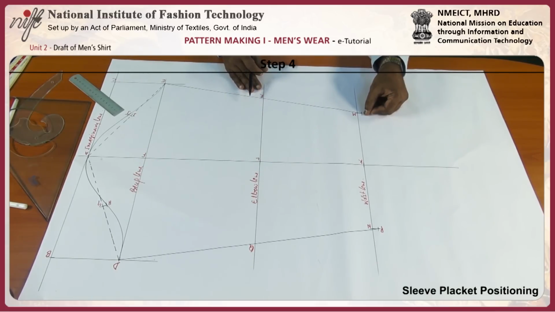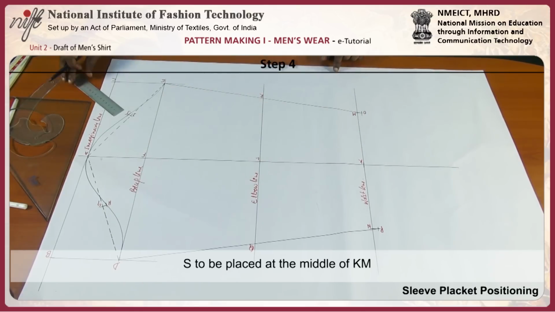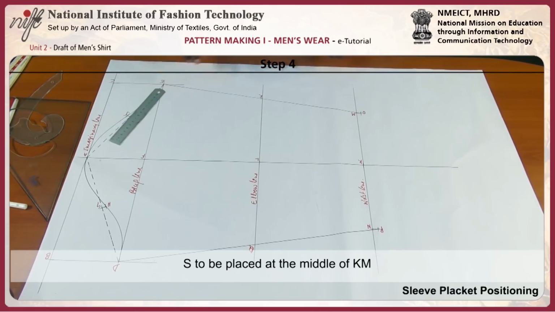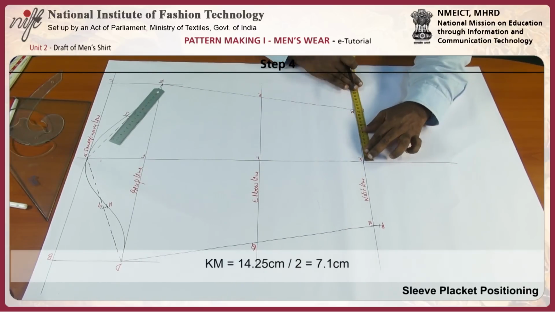First, let us place the sleeve placket positioning. Point S is the midpoint of the line KM. Point S to be placed middle of KM. So, K to hem is 14.25 centimeter.